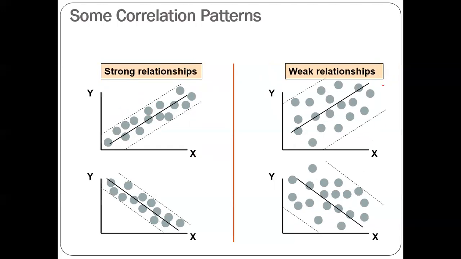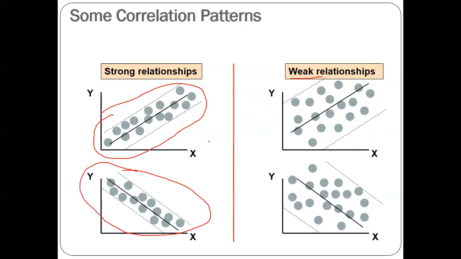This is the condition for a strong relationship, and this one is for a weak relationship. If the relationship is strong, the distribution is quite close to each other. But if the correlation shows that the relationship is weak, the distribution is quite far from each other.